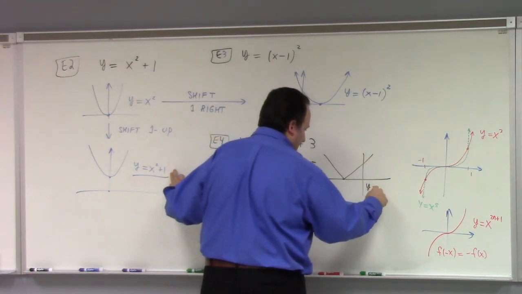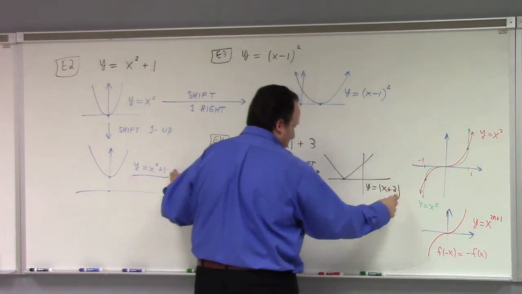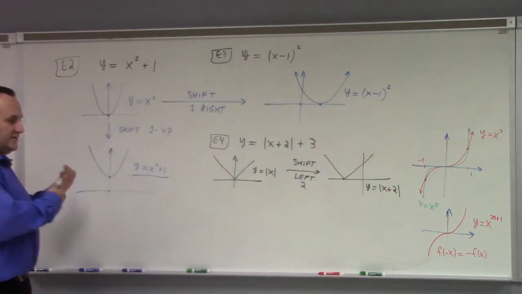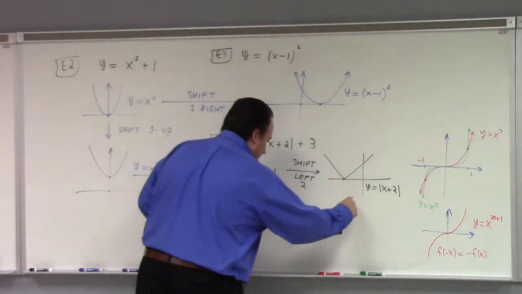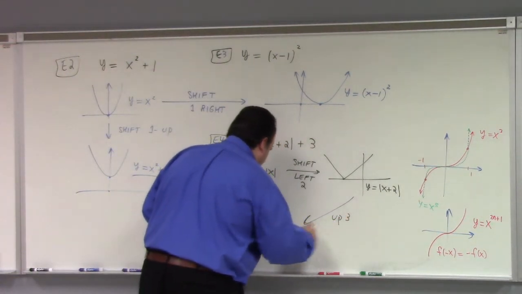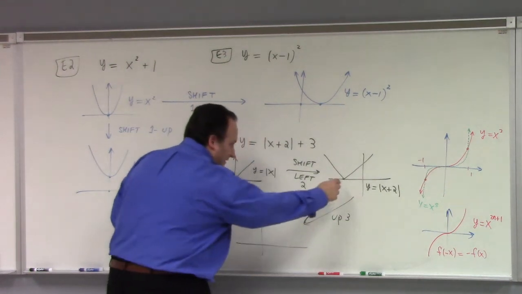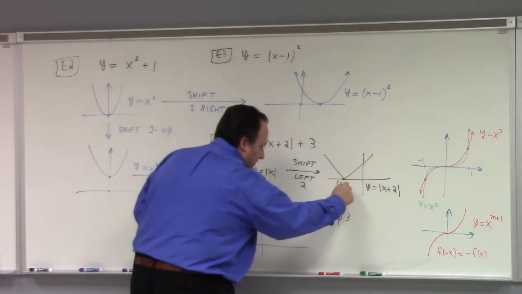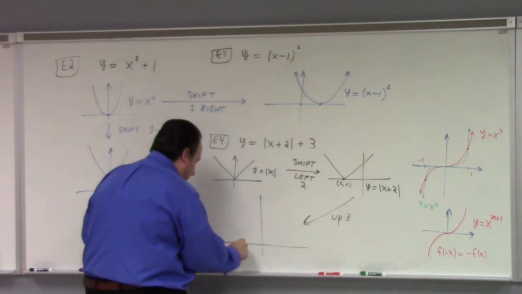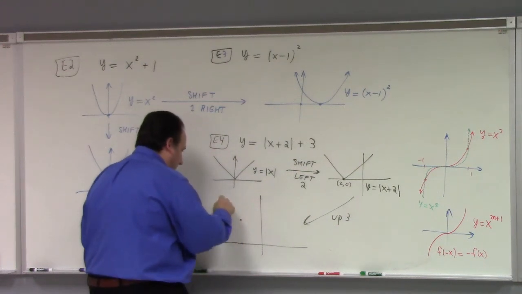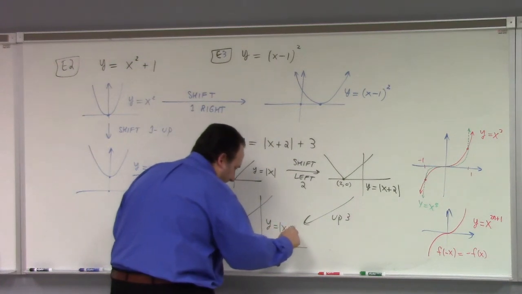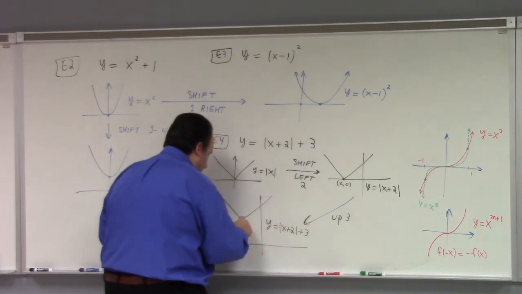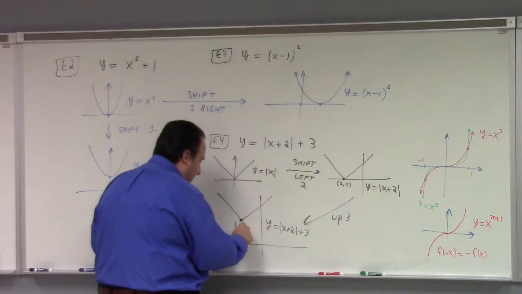This is y equals absolute value of x plus 2. So if we replace x with x plus 2, it shifts 2 to the left. And then finishing blow, up 3, right? So I take this point, which was (2, 0), and that shifts up to (2, 3), and like so. So there you go. This point would be at (2, 3).